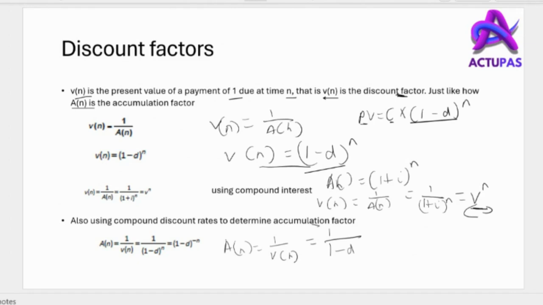So here we have 1 over (1 minus d) to the power n. Since this is in the denominator, it becomes (1 minus d) to the power negative n. That's An. So these are our two formulas.